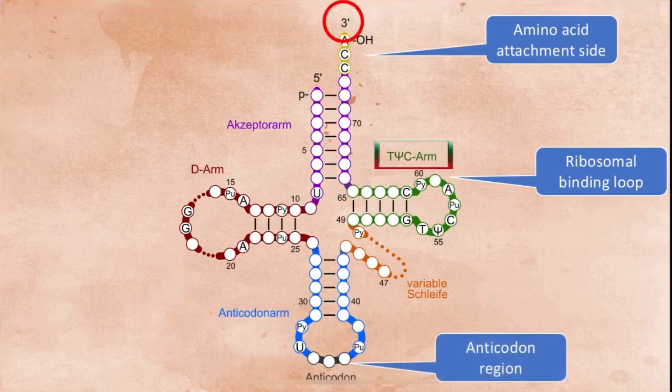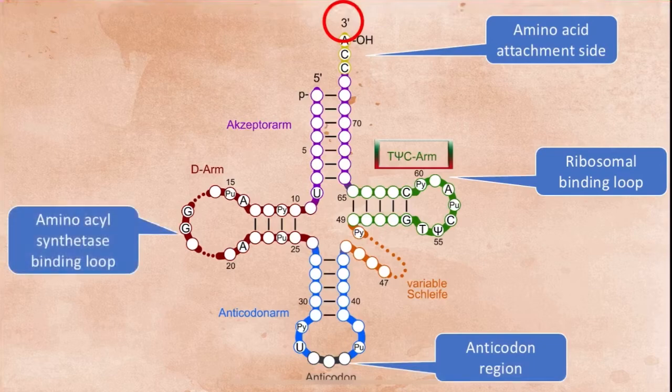At the bottom there is the anticodon region, which has three nucleotides called the anticodon, because when it attaches to mRNA, which contains another sequence known as the codon, both are attached in a complementary form, and then protein synthesis can begin.